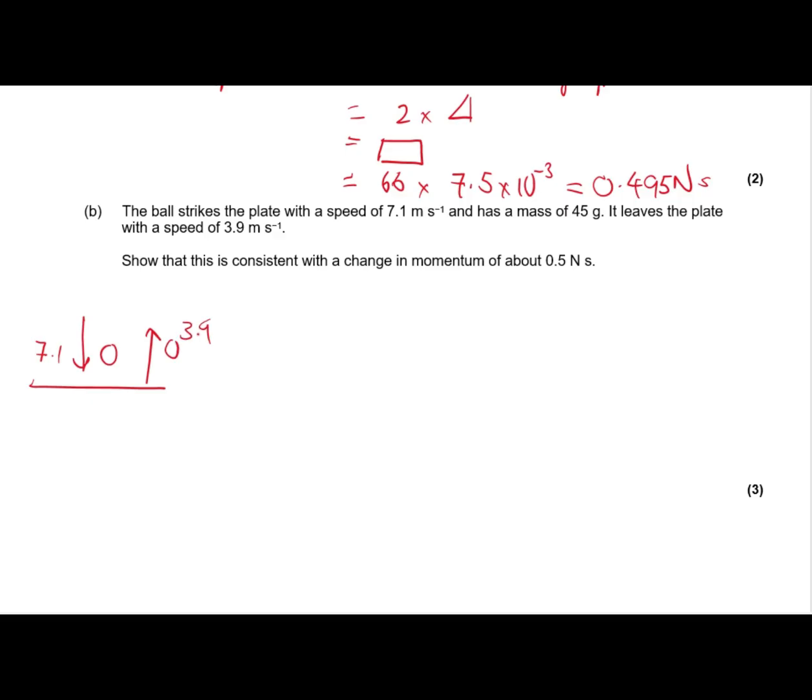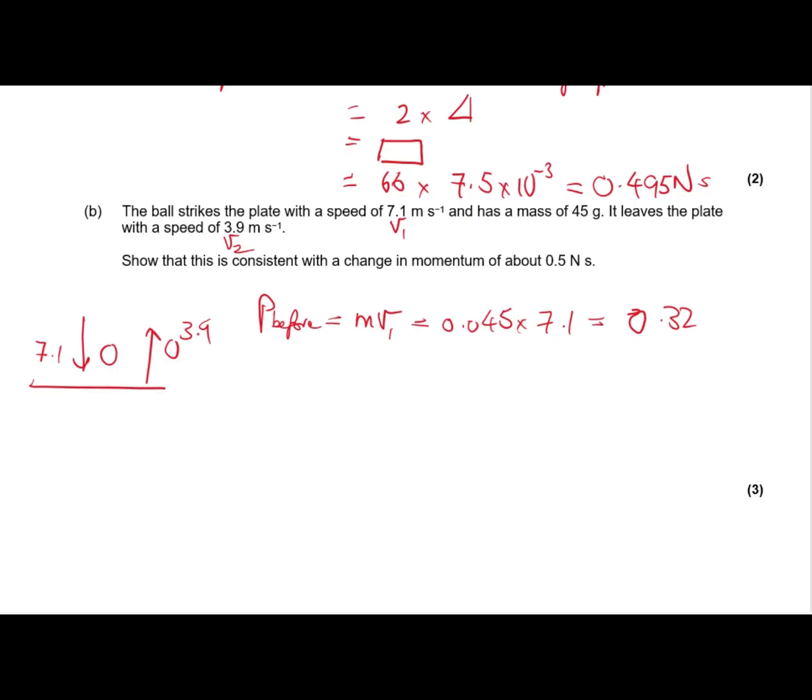Show that this is consistent with a change in momentum of this. So basically work out the momentum before, which is simply mv1, if that's v1 and that's v2. The mass is in grams, so convert that to kilograms, 0.045 times 7.1.